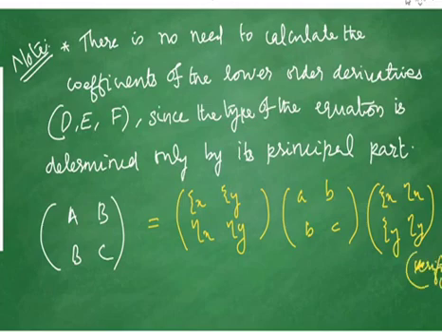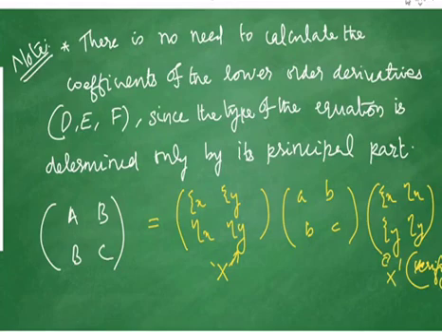Okay. So now consider the matrices on the right side. If we call the first matrix X, then what is the third matrix? This will be X transpose, isn't it? Look at this. The first row of the first matrix X is theta x, theta y, and the first column of X transpose is theta x, theta y.